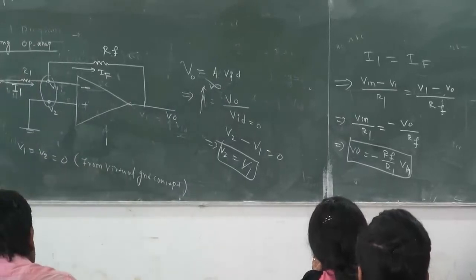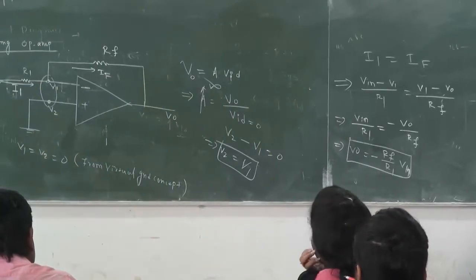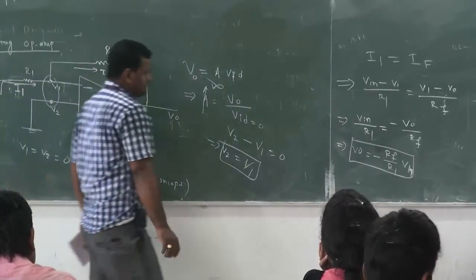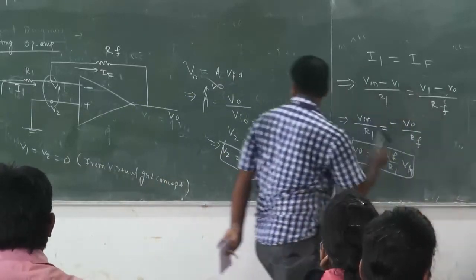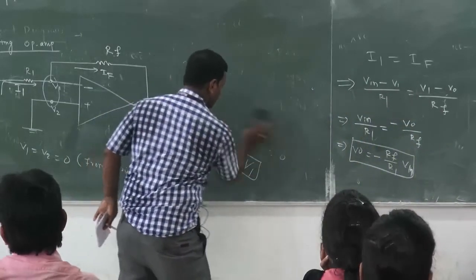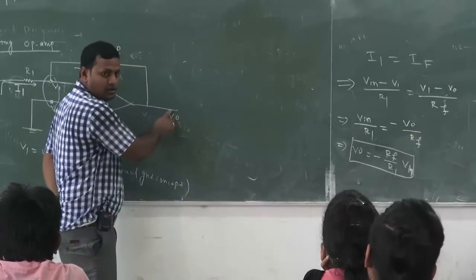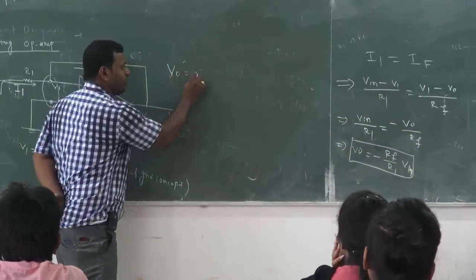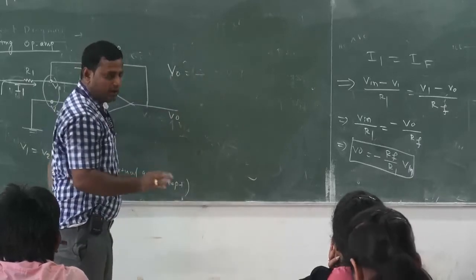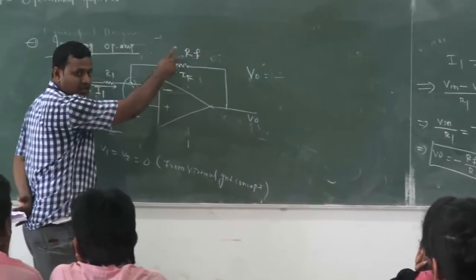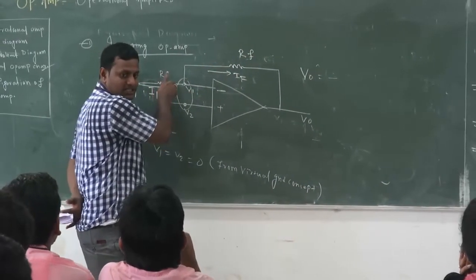Right? From this point we can conclude that the output is V0 equal to minus Rf by R1 into V in. Rf is this resistance value, R1 is this resistance value.